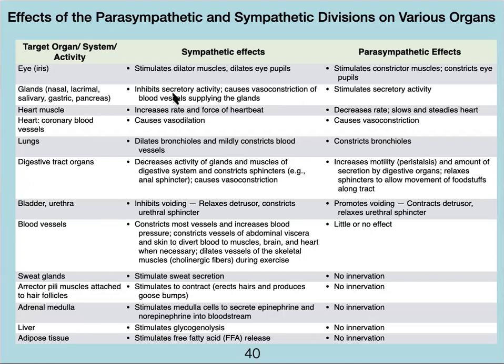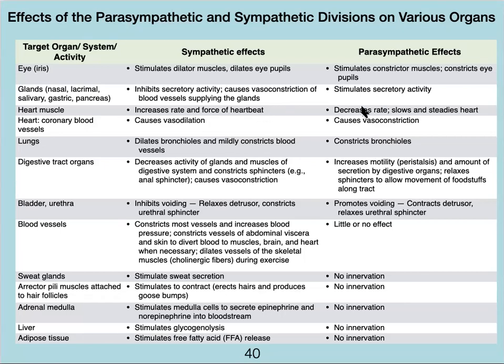And so you can consider secretion to be non-essential for getting you through crisis, so its activity is going to be reduced by sympathetic output. Sympathetic effect on heart muscle is increasing rate and force of contraction.